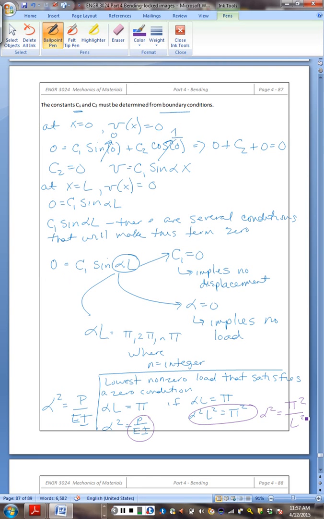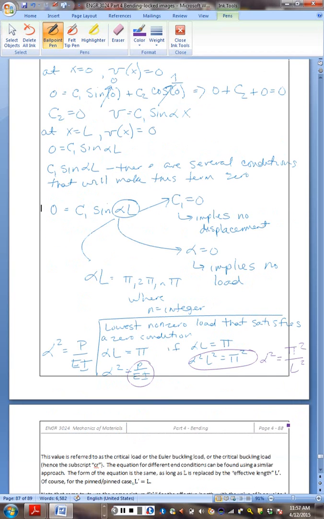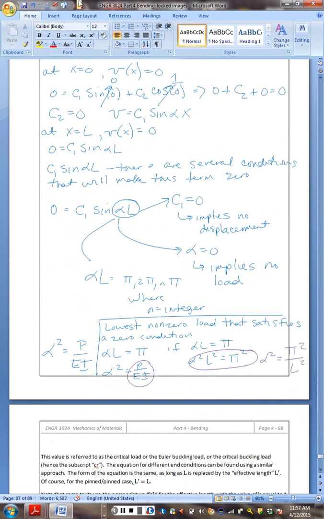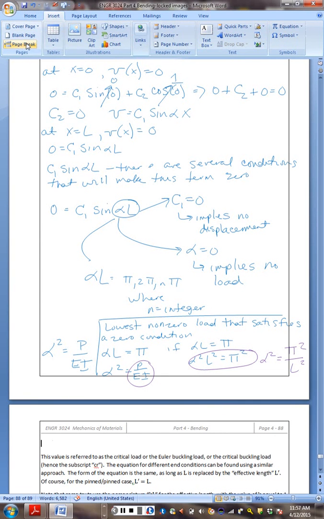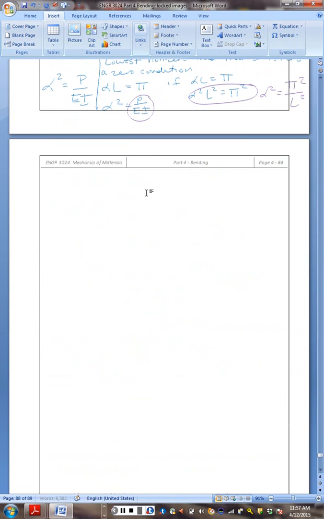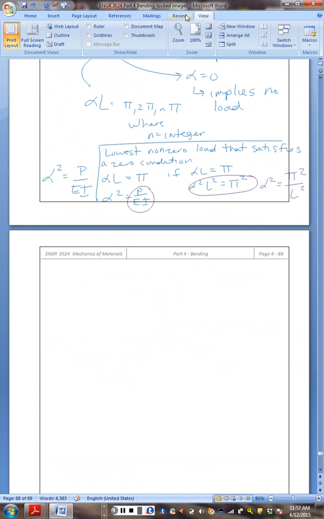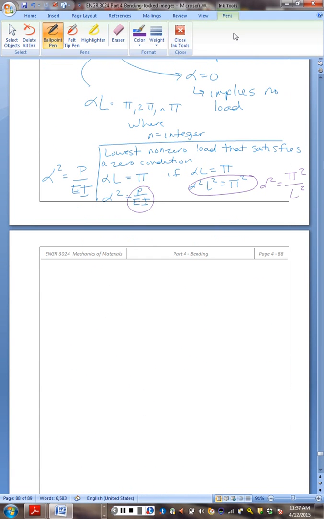So we then take these two terms, we have the P over EI version of alpha squared.